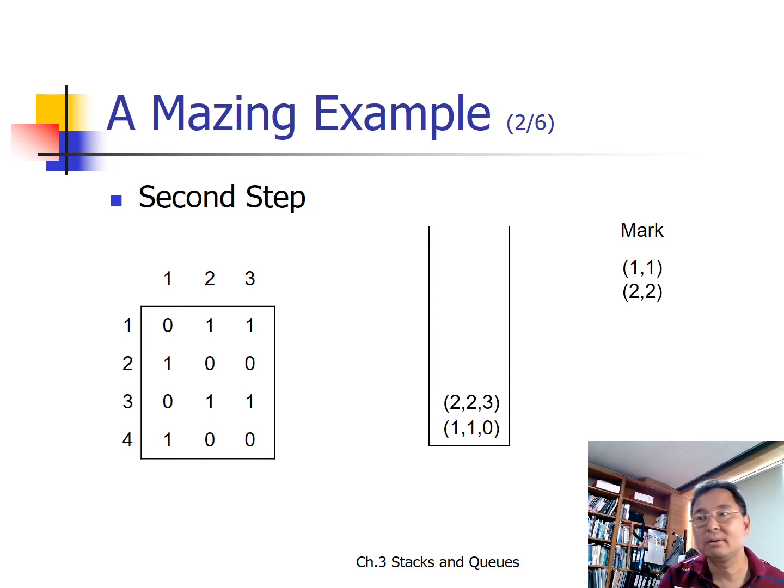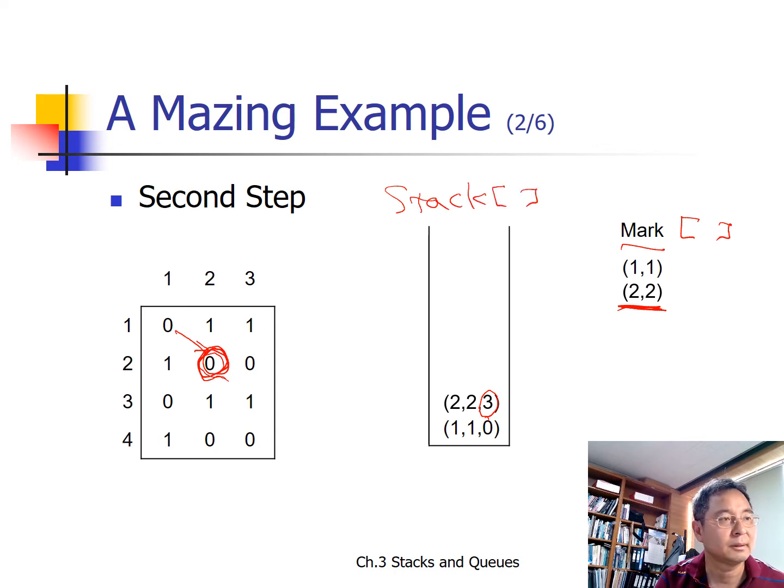Now I am in this position 2, 2, and the direction used to make me arrive here is direction 3. So this 3 is stored here. And 2, 2 is visited, so we will store it in the mark array. This is the stack array.